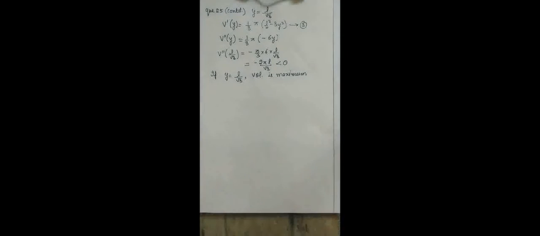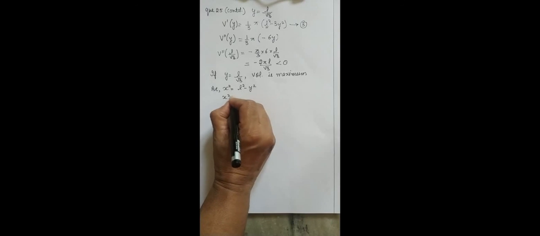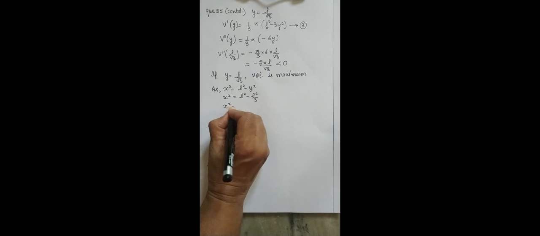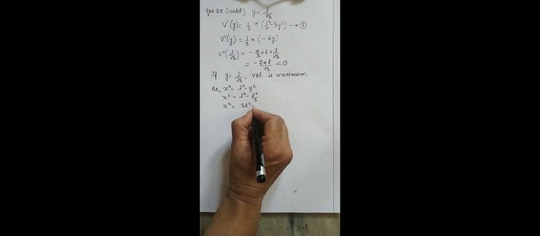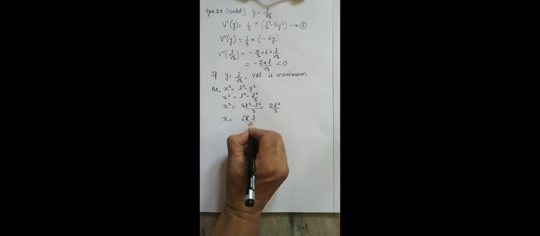I have already found the value of y, now I will find the value of x, only then can I find the value of tan theta. As I know, x square is equal to L square minus y square. Substituting the value of y, it is L square minus L square by 3, which means x square is equal to 3L square minus L square by 3, which is 2L square upon 3. That is, x will be equal to root 2 L upon root 3.